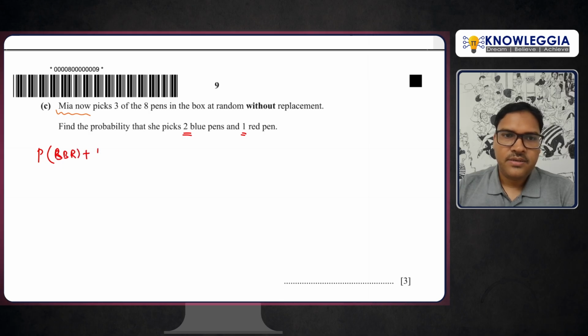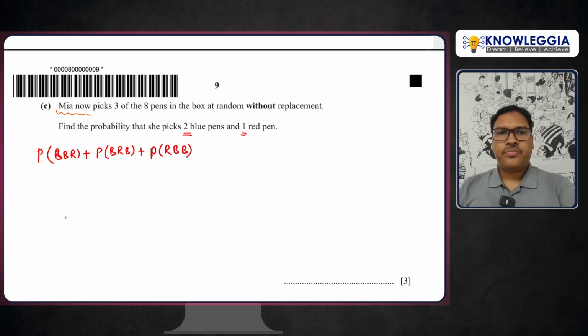This can be one case. Another case can be blue, red, blue, or another case can be, first she picks red, then blue, and then blue. Now she is picking 3 out of 8.